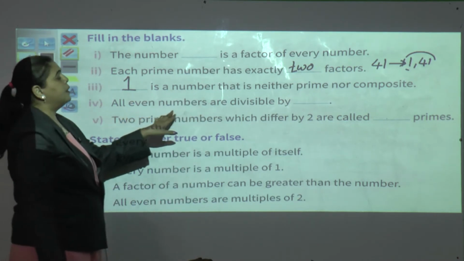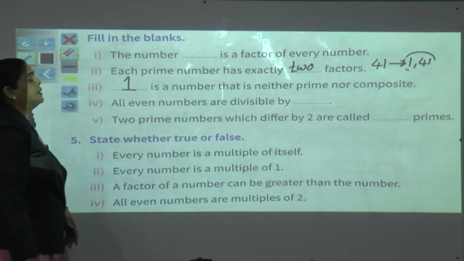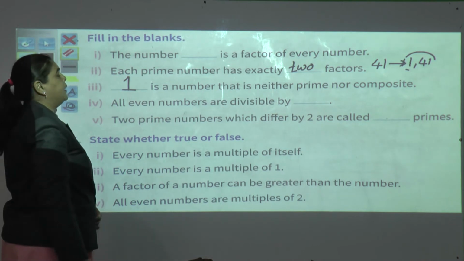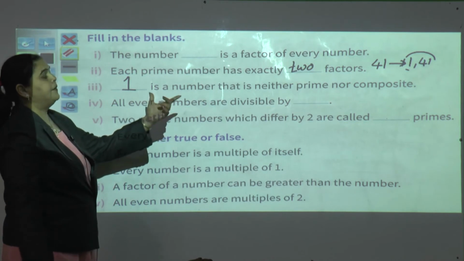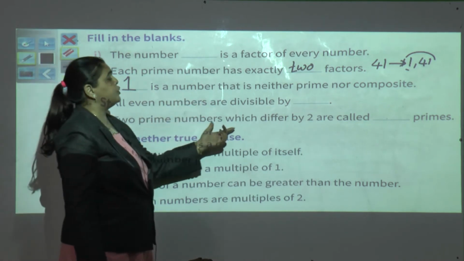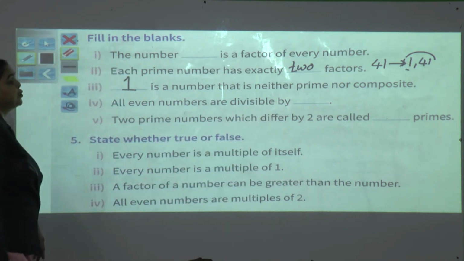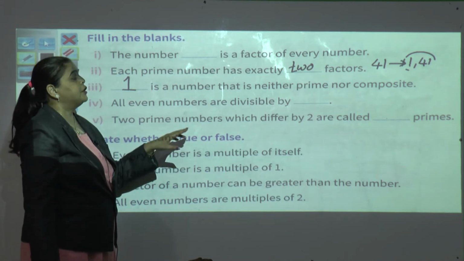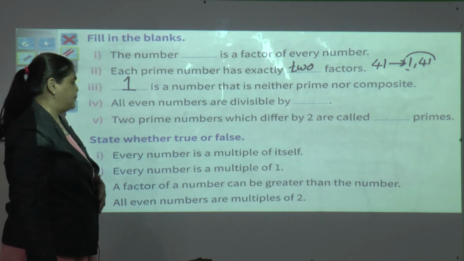All even numbers are divisible by 1, the number itself, and 2 also. So we can say all even numbers are divisible by 2. Two prime numbers which differ by 2 are called dash prime numbers. Two prime numbers which differ by 2 are called co-prime numbers.